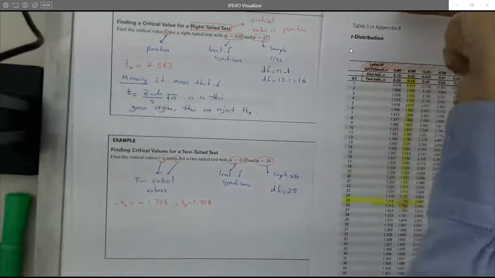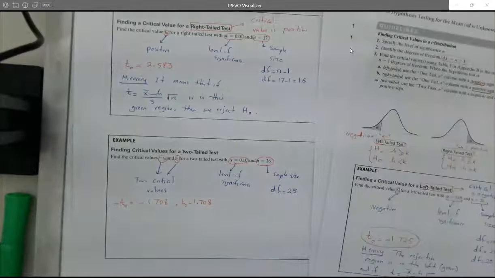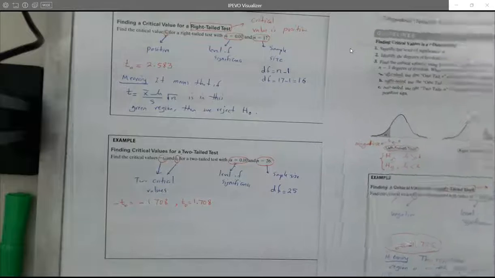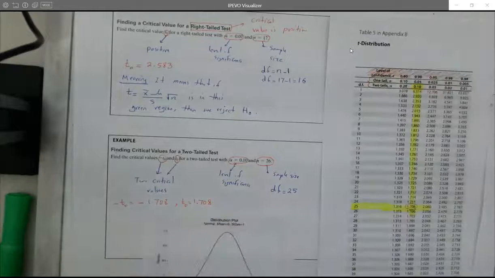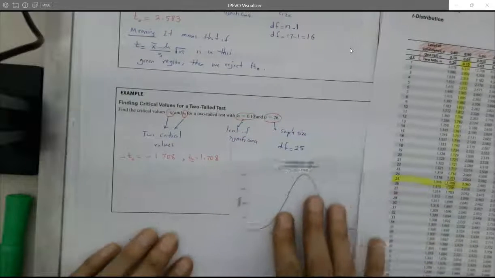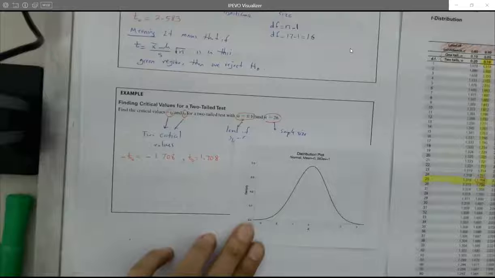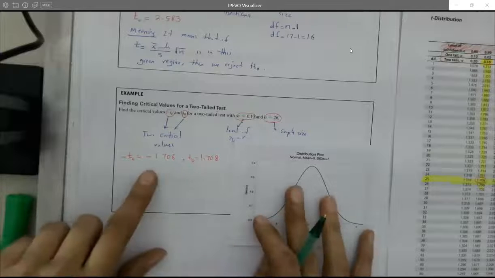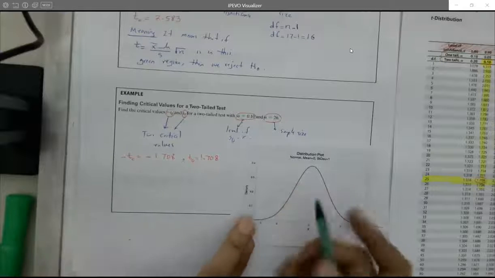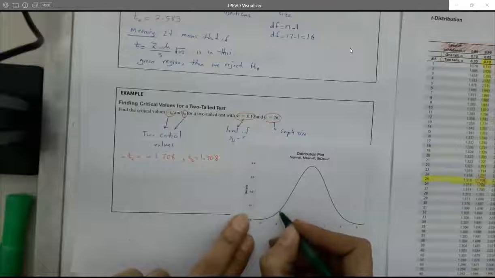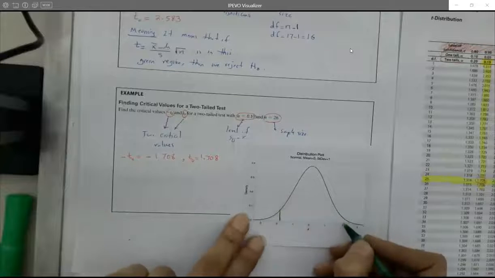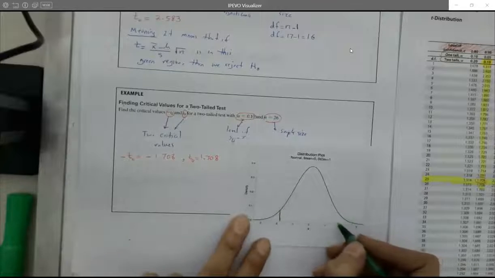It means that if I graph this using a two-tailed graph, I have the following result. Negative 1.708, roughly here, and positive 1.708, which is here.